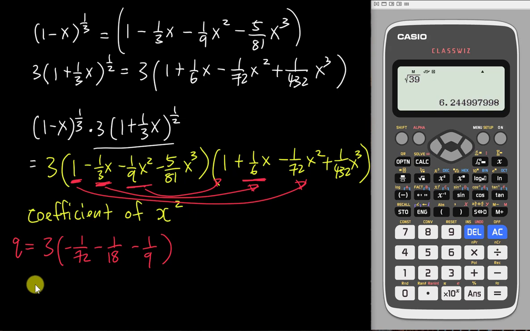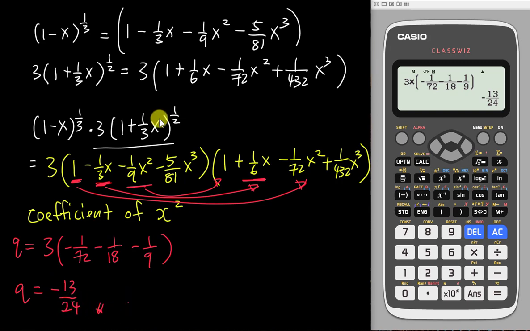So this one will be my answer for q here. So it will be 3 multiplied by, put the bracket, negative 1 over 72 minus 1 over 18 minus 1 over 9. Alright, so my coefficient of the third term will be negative 13 over 24.